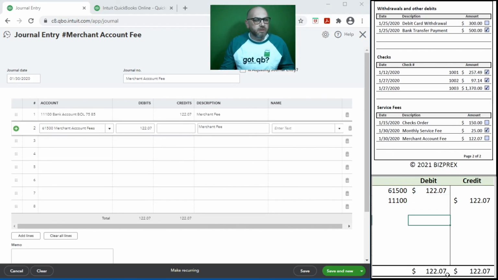Debits and credits equate to each other. Bank account is an asset. It is reduced, thus it has to be credited. So here it is. I kind of switched them up to confuse you a little bit, but you can't be confused by now. You know your stuff. And the expense account for merchant account fees, 61,500, goes up, and it has to be debited to go up. Here we are. Okay, save.